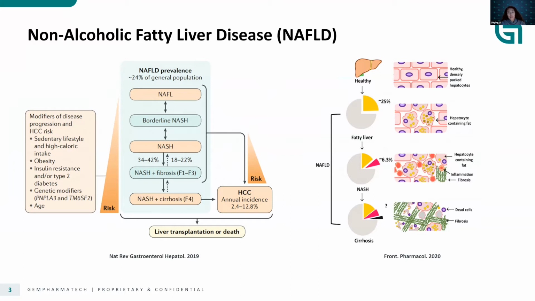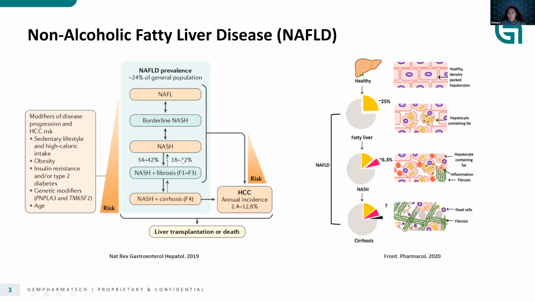And as this disease progresses, it goes through the NASH, fibrosis, and cirrhosis stages, and eventually it can develop into hepatic carcinoma. At that stage, liver transplantation is typically required in order for the patient to survive.